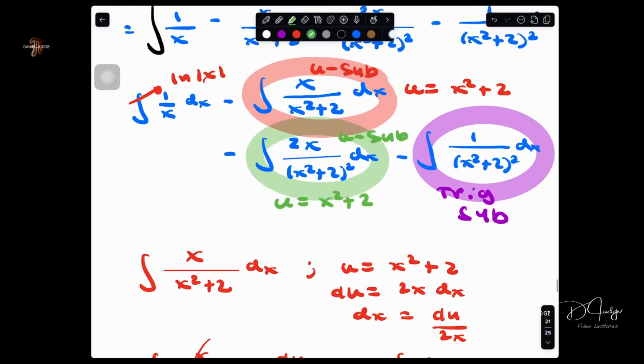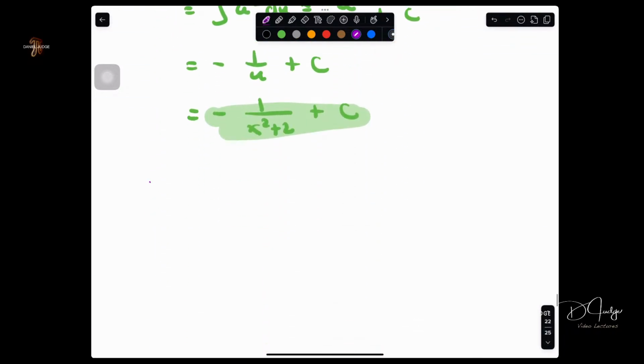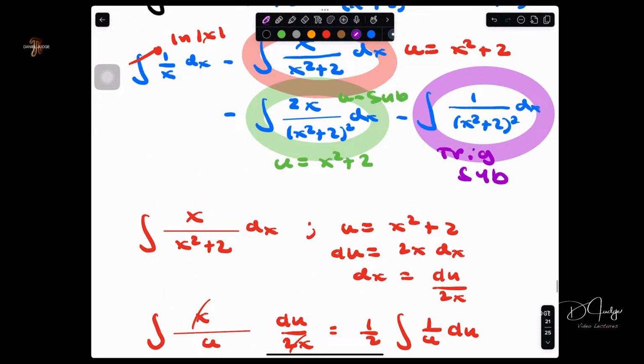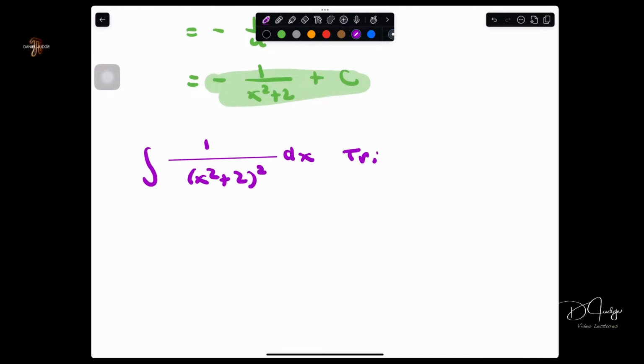Now, the purple integral, trig substitution, 1 over x squared plus 2 squared. Let's double check. Okay, now when I say we're going to have to use trigonometric substitution on this here, let's go back really quick. Trig sub.